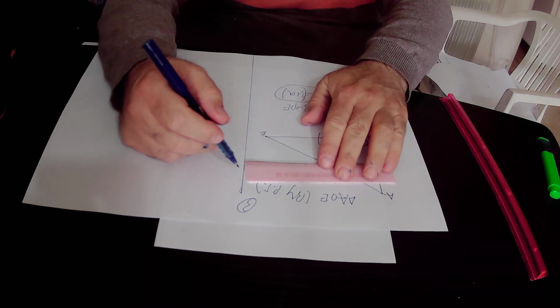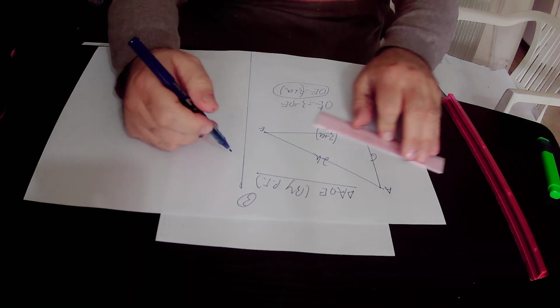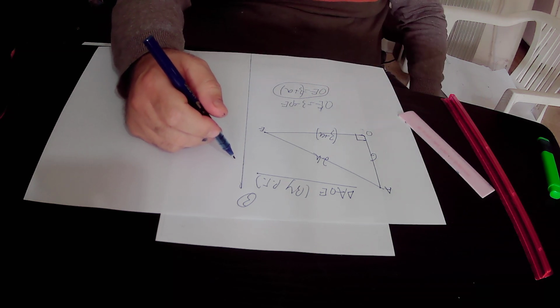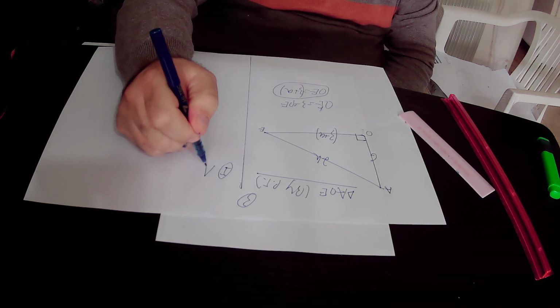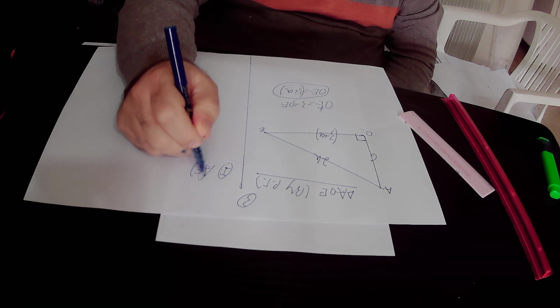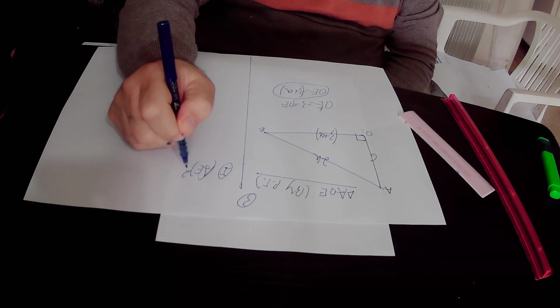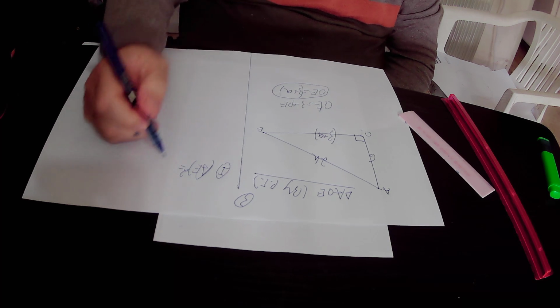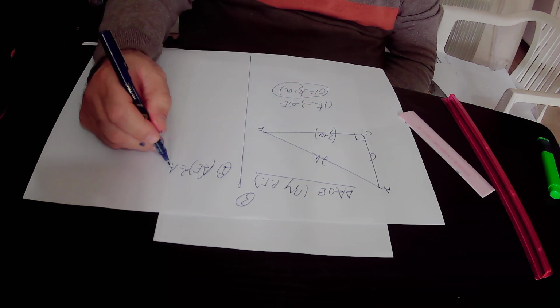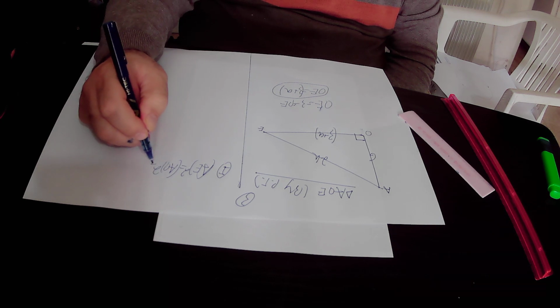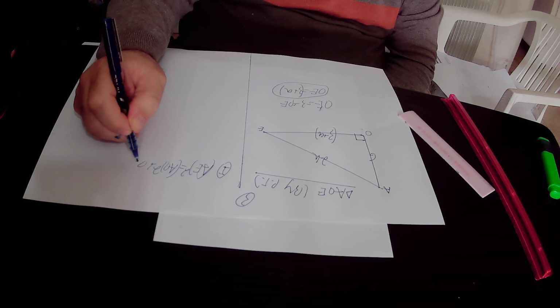The square of the hypotenuse is AE, so the square of the hypotenuse is AE squared. And it is equal to the sum of the squares of the perpendiculars. That is to say, it is equal to AO squared plus OE squared.